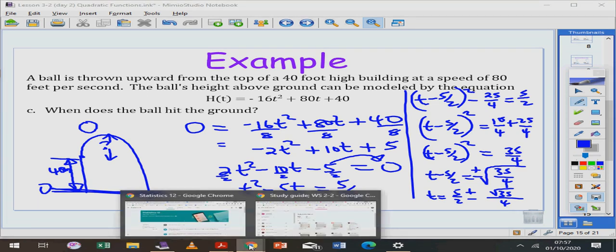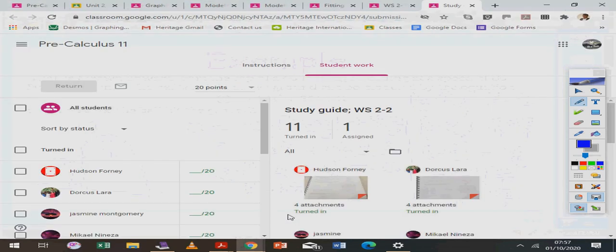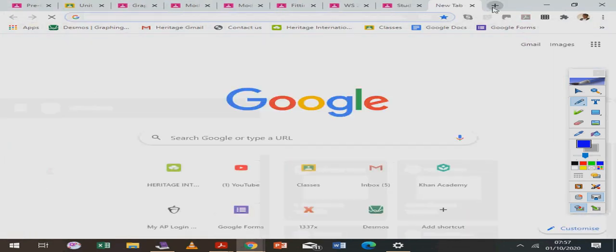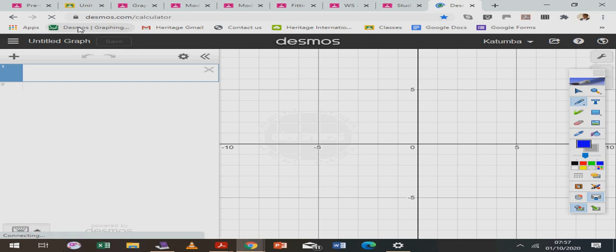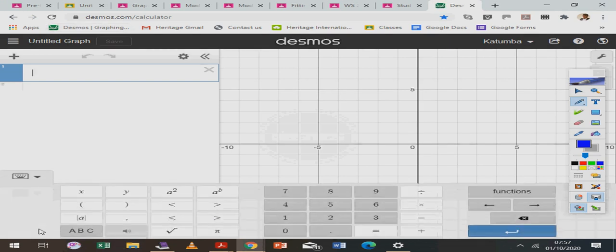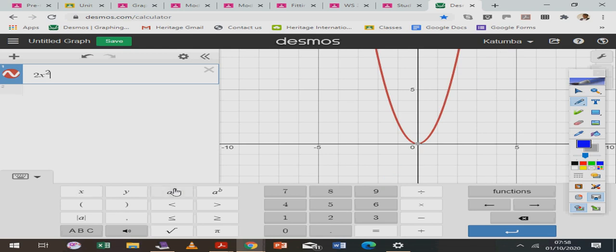Go to Desmos, type your equation, 2x squared minus 10x minus, was it 5? 2x squared minus 10x minus 5, yeah.